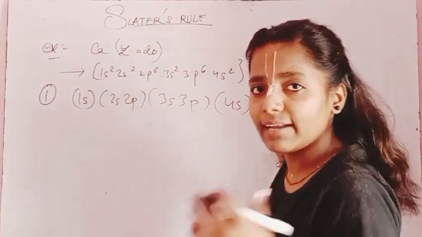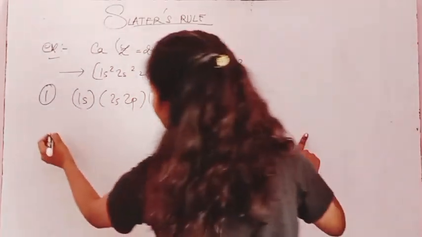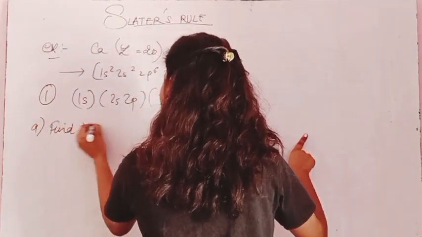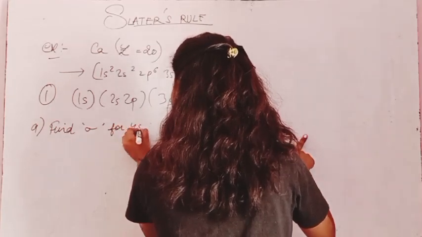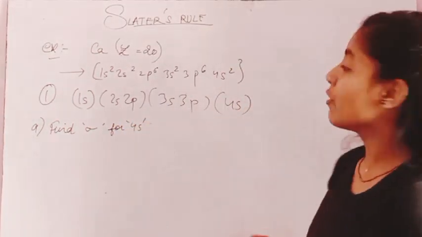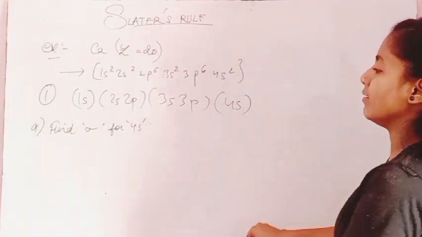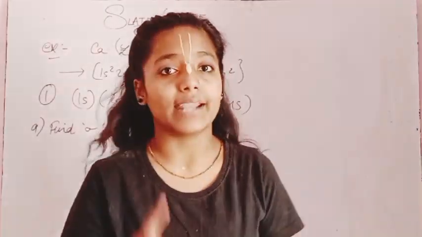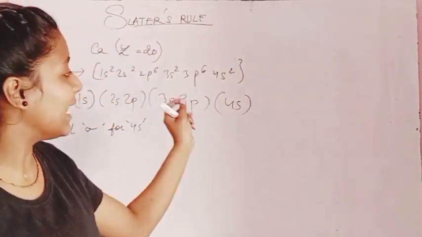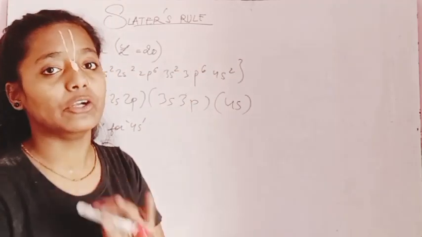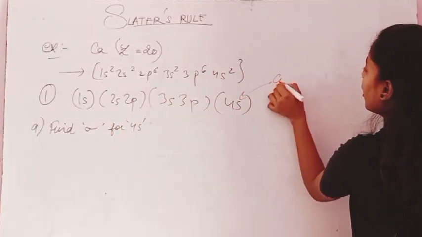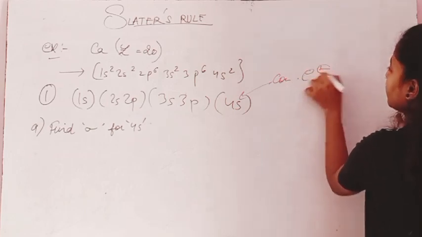Now the question can differ. Like the first question I wanted to ask you: find sigma for 4s. I could ask for 3p also. So let's first discuss 4s. At the first point I just told you, after 4s, or on the right side, any species that comes has no contribution on the particular sigma I wanted to find, which is called your concerned electron.